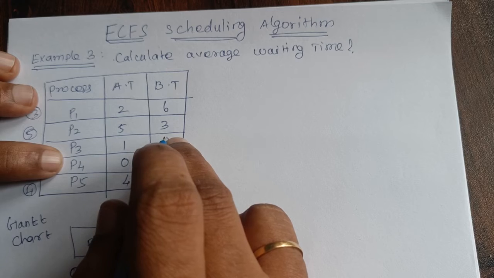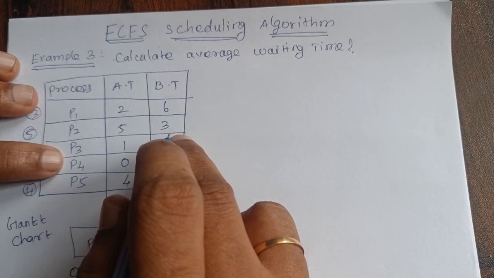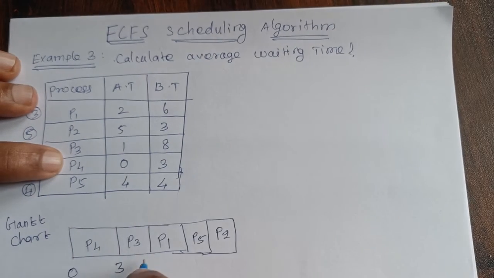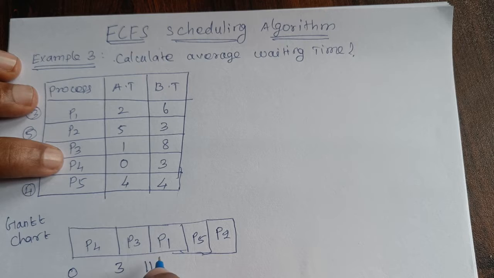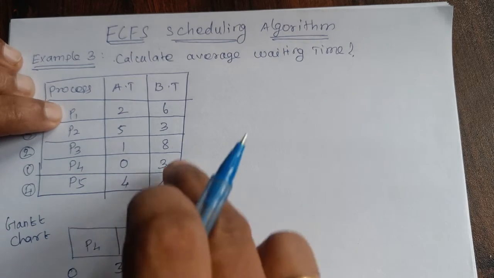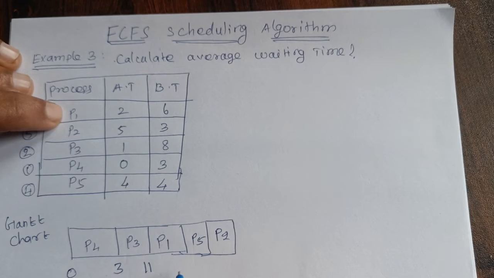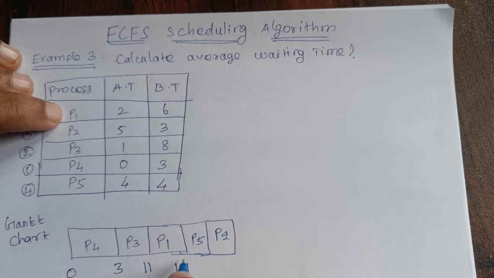The burst time of P3 is 8, and already 3 is completed for P4. So 8 plus 3 is 11. The next process is P1. What is the burst time for P1? 6. 6 plus 11 is 17.